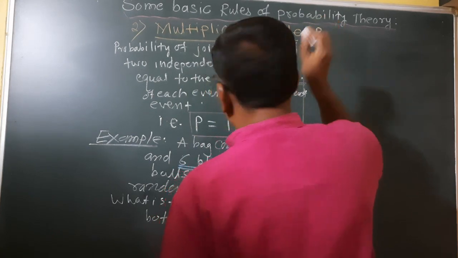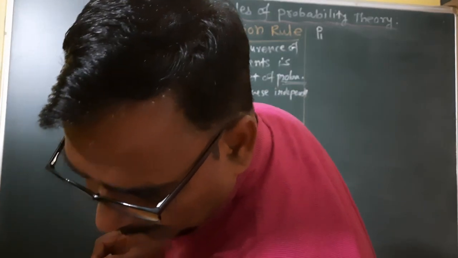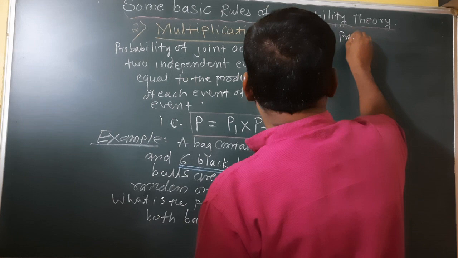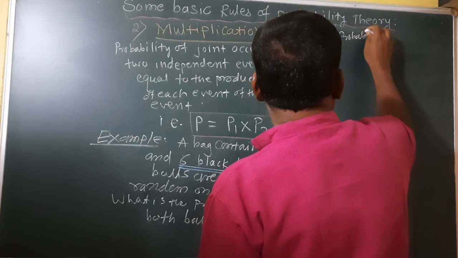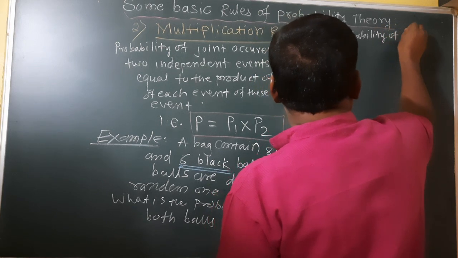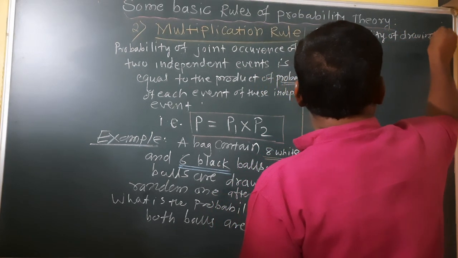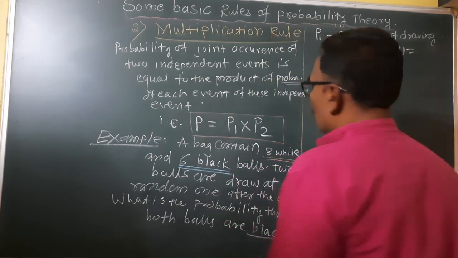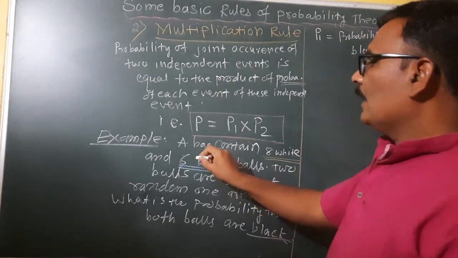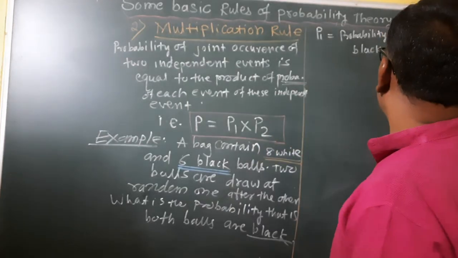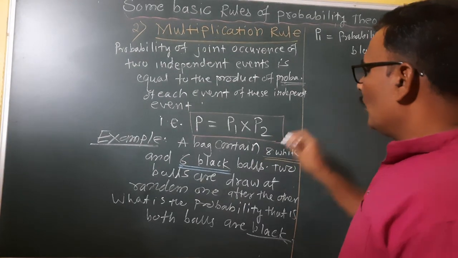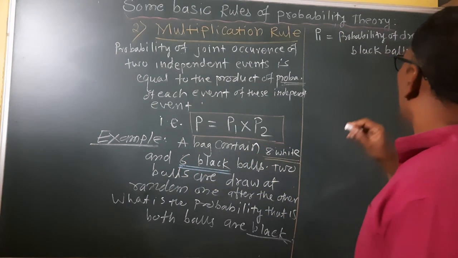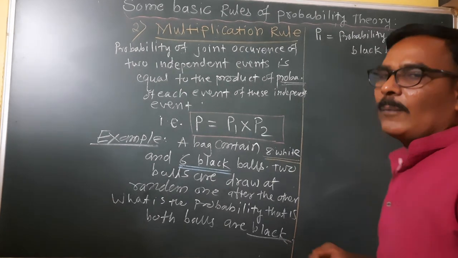P1 is the probability of drawing a black ball, which equals the number of black balls, 6, so M is 6, over the total number of balls, 8 plus 6, that is 14. So P1 equals 6 upon 14.